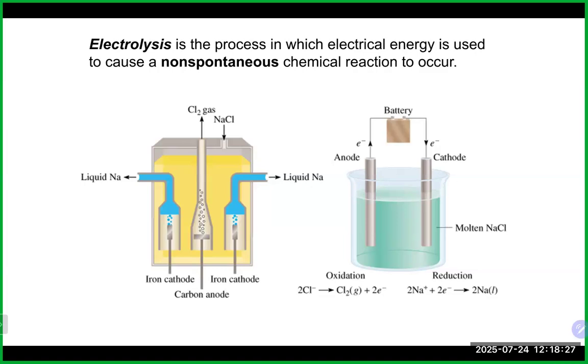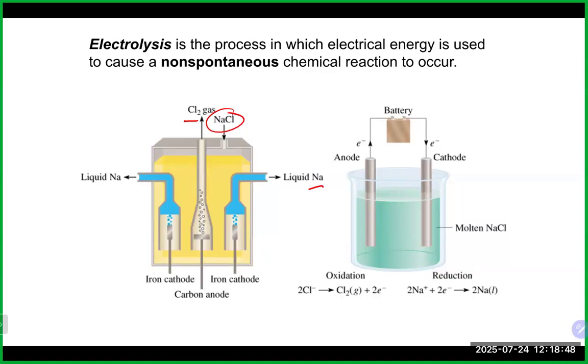We could make a non-spontaneous process occur, such as if we have sodium chloride, as you can see here, and we put it into an electrolysis cell, it will be able to break it back into sodium and chlorine metal. Basically, it's able to break it apart into its elements.